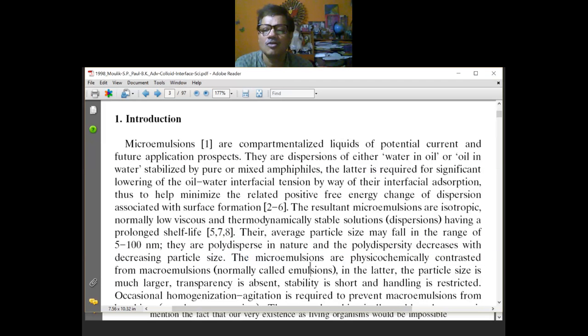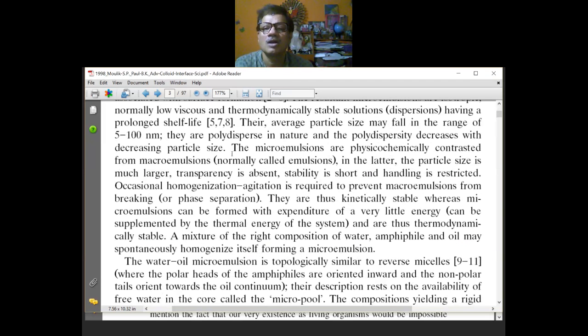How? In the following way: microemulsions are physically stable, physico-chemically contrasted from macroemulsions. Macroemulsions are normally called emulsions, where the particle size is much larger, for which the solutions are not so transparent, the systems are not very stable, and you cannot handle them so easily.